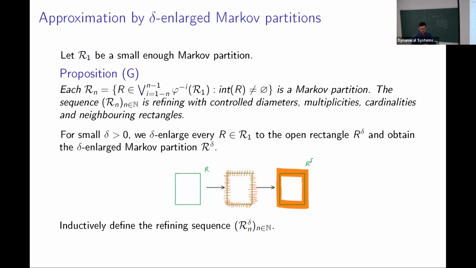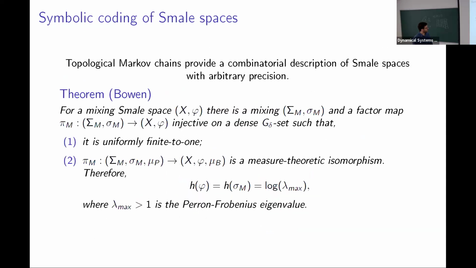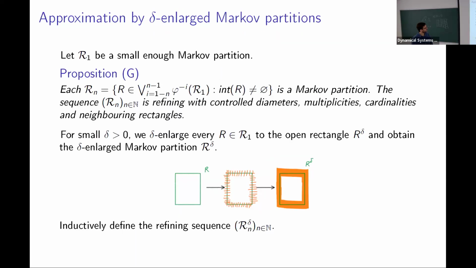The multiplicity is the coloring of a cover, and in fact, this is because of this uniformly finite one property. You can control the cardinalities, so the cardinalities of the covers increase with the entropy. So the cover at the end will roughly have cardinality e to the 2 times the entropy of the map times n.